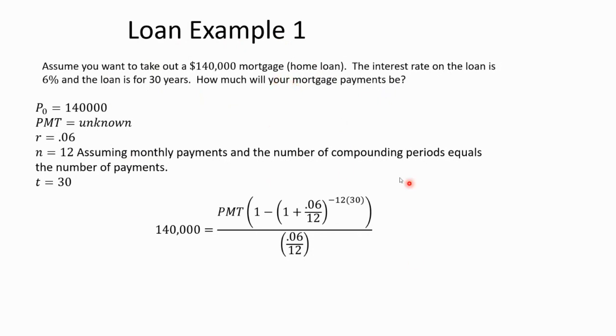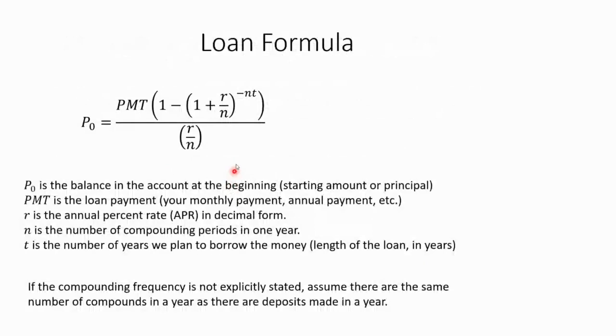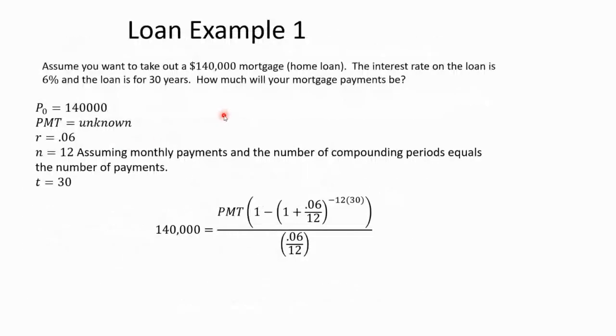Okay, but we can use the formula here for loans, right? Our P0, that's the loan balance, right? That's the initial balance that we want to pay off. So that's $140,000. We're looking for our monthly payment, so PMT is unknown. The R, right? That's our interest rate written as a decimal. The N, right?